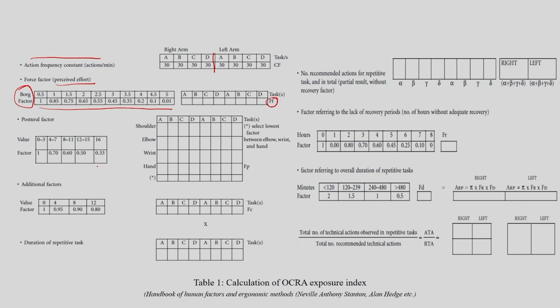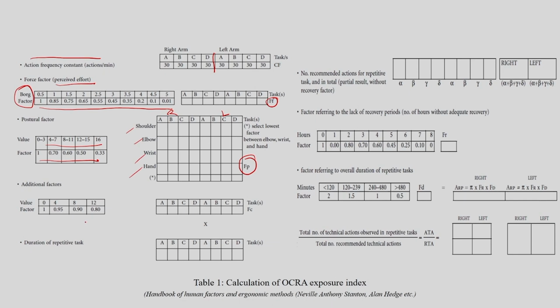Coming to postural values, these are the corresponding factors for shoulder, elbow, wrist and hand, for your right and for your left. You can give these values and calculate the FP.